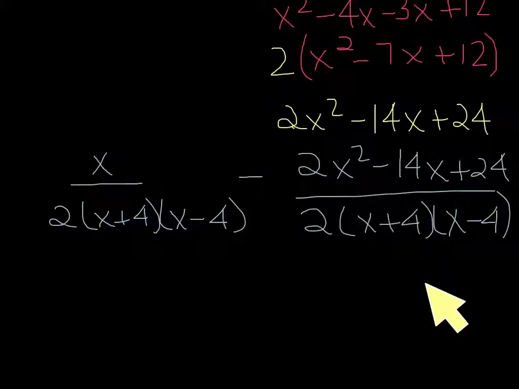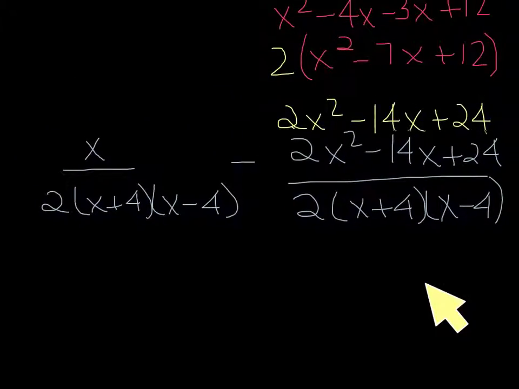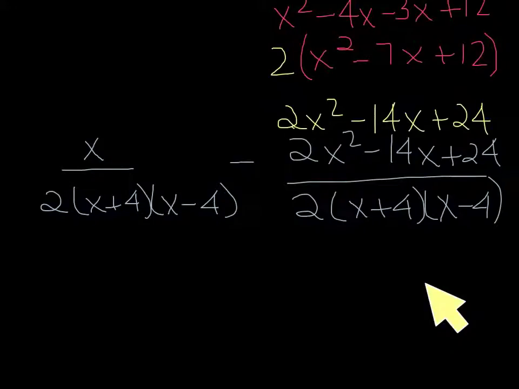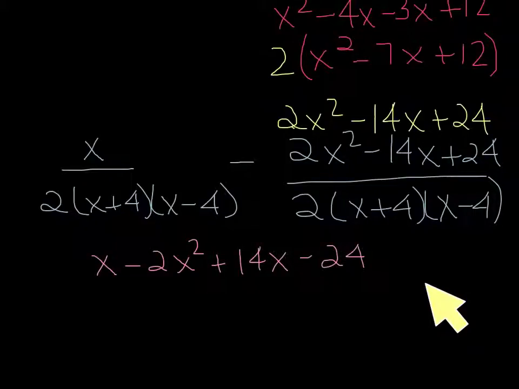Okay, so now I need to distribute the negative and put it all over our common denominator. So I'm going to have x minus 2x squared plus 14x minus 24 all over our common denominator.